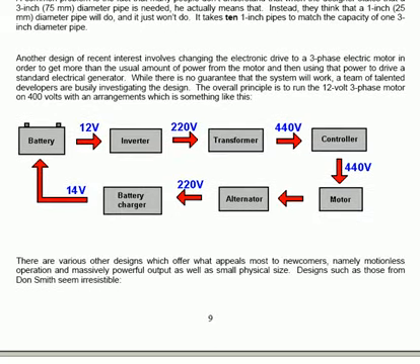You have a battery that starts the system. That goes through an inverter to generate 220 volts AC. It goes through a transformer or other method to get up to 440 volts.